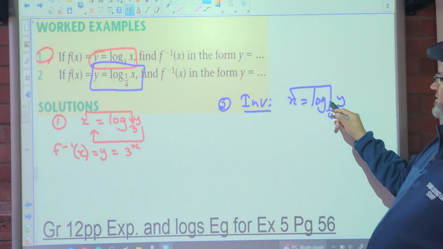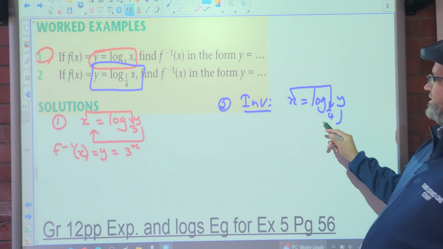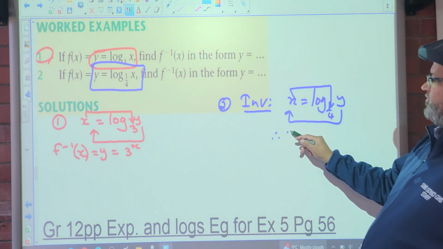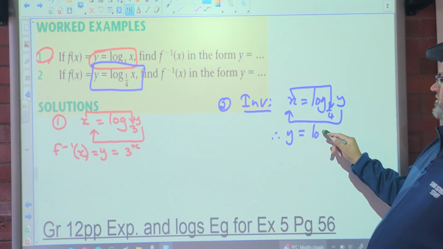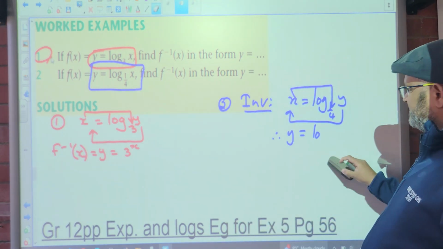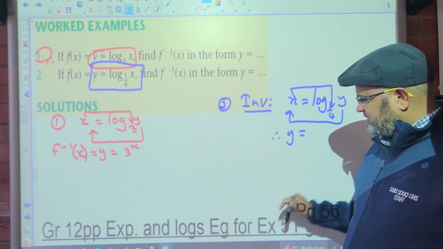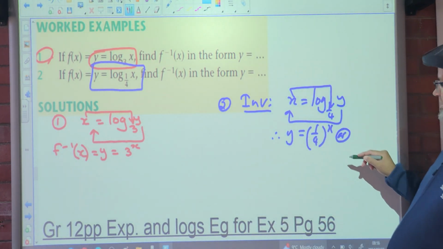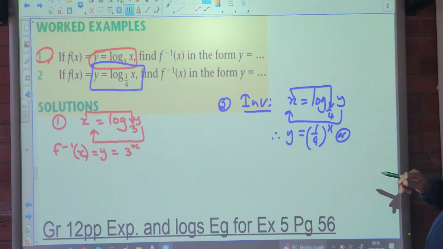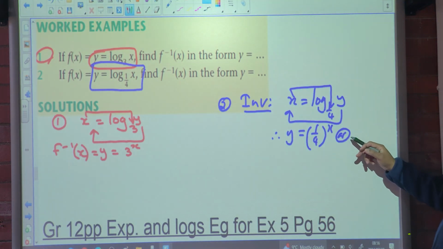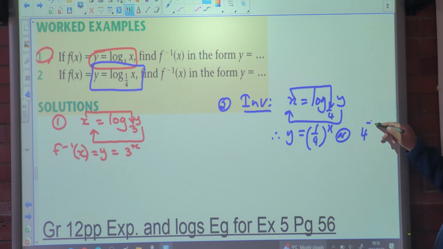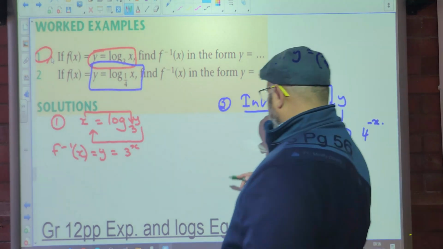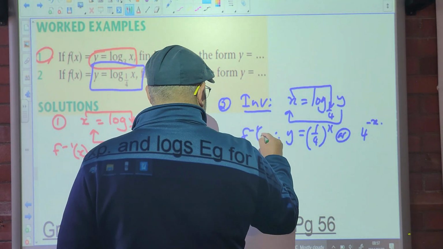I put x on the base and y on its own, so therefore y is equal to a quarter raised to the x. Or it could also be written as 4 to the negative x. The same. So that is your inverse.